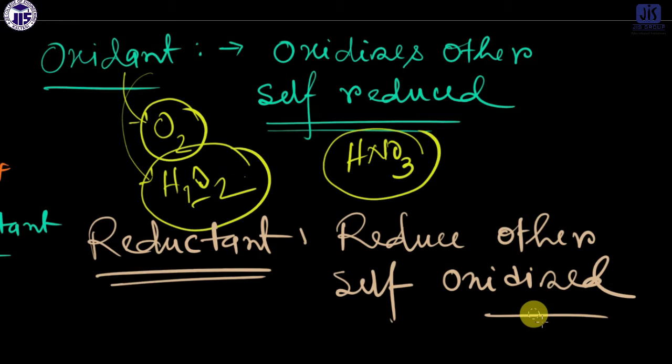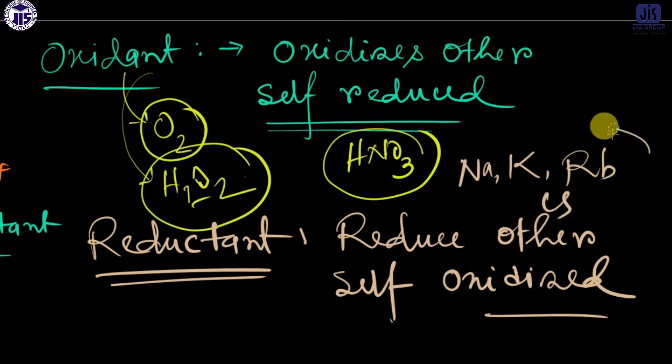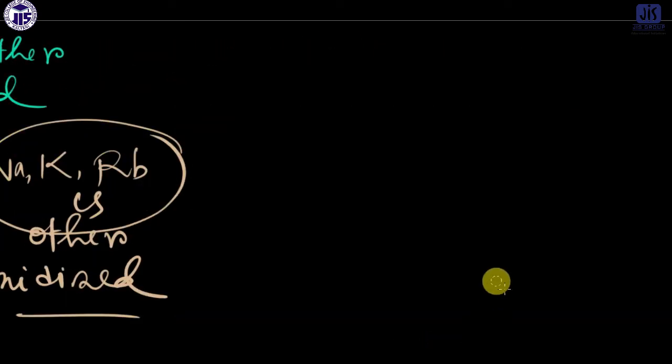There are so many common examples of the reductant, like the alkali metals: sodium, potassium, rubidium, cesium. These are all good examples of the reductant. Reductant means it will be self oxidized. Self oxidized means oxidation; if you take the example of sodium, then sodium after losing an electron becomes Na+, so this is the example of oxidation.